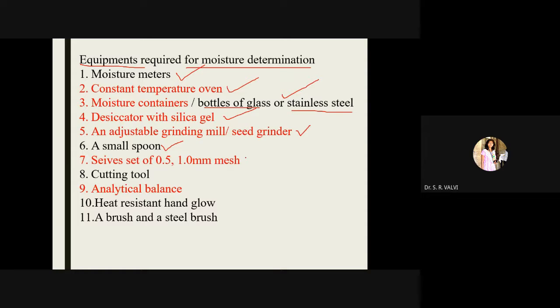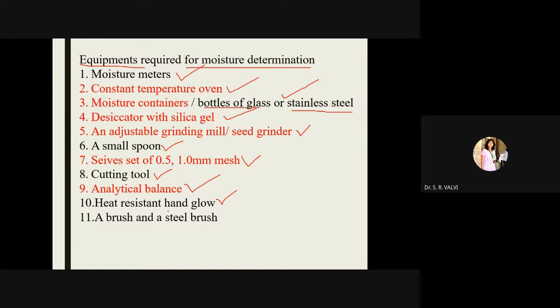Then a sieve set of 0.5 to 1 mm mesh. Then a cutting tool. Why is this cutting tool used? To cut the bigger seeds. Then an analytical balance to measure the weight of the seeds. Then heat resistant hand gloves, used to remove the seeds from the oven.